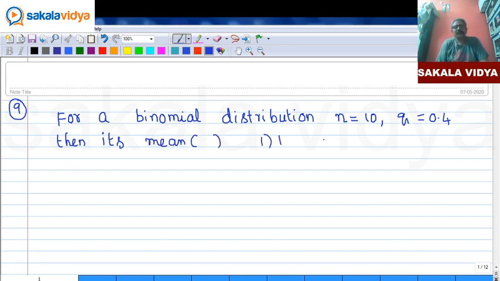First option 1, second option 4, third option 6, fourth option 10.